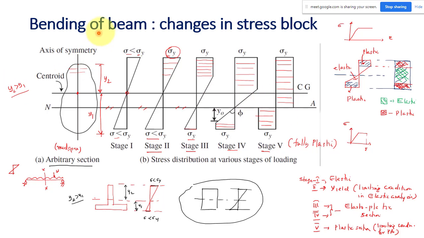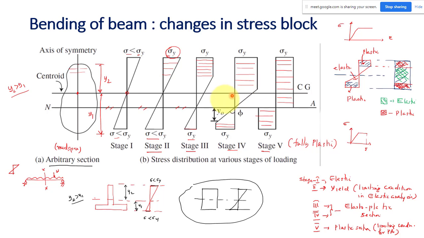But in the initial stage, when your section was elastic, this was your neutral axis. For elastic analysis, your neutral axis will be at the centroid, but in the plastic state your neutral axis may shift. How and why it shifts, we will see later. Only one point you have to remember: the neutral axis in the elastic state and plastic state may be different.